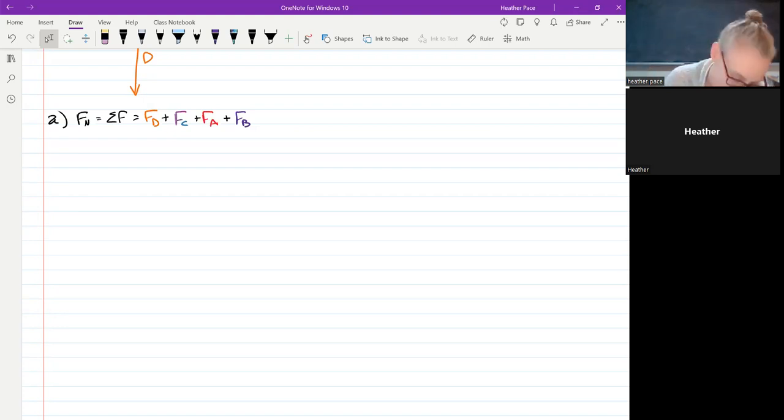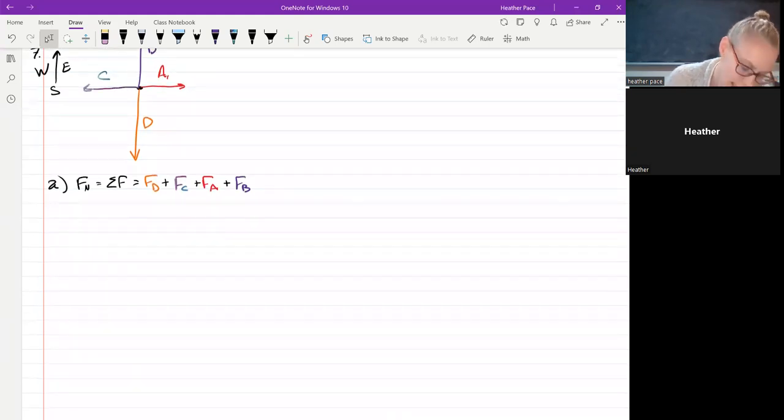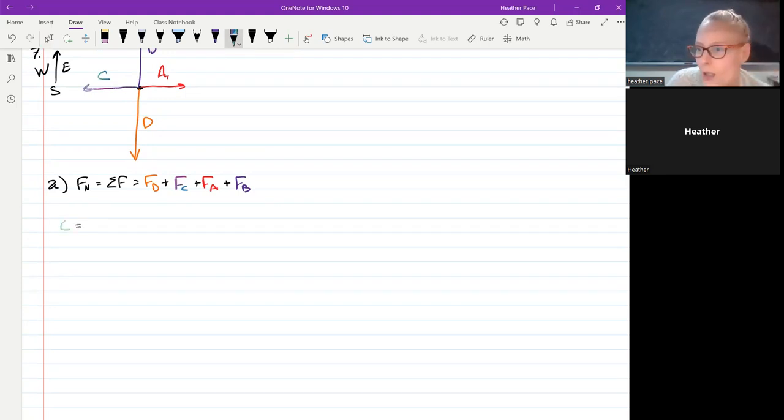So let's start with adding A and C together. So C is 70 west. We'll say that A is in the positive and C is in the negative direction. A is 40.